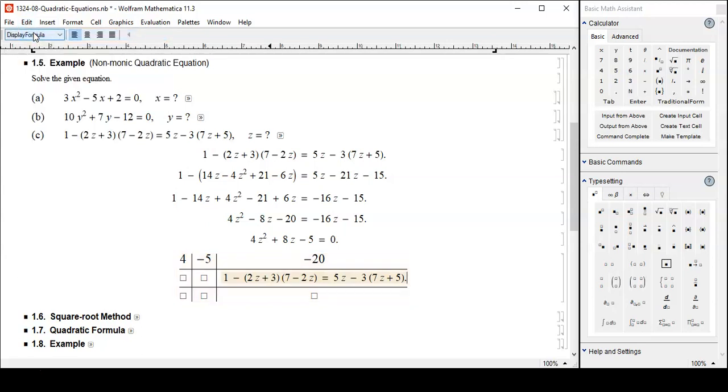Oops. Oh, come on. I cannot even undo. Okay. Something is still not right with this font.